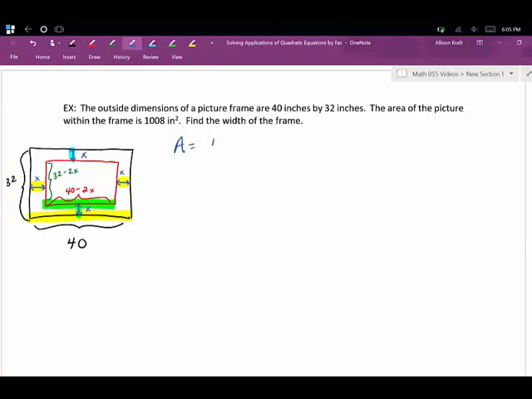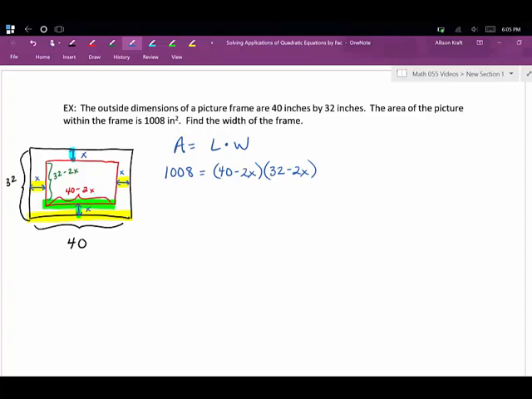We know that area is equal to length times width. The area of the inside picture is 1008. The length of the inside picture is 40 minus 2x, and the width of the inside picture is going to be 32 minus 2x.